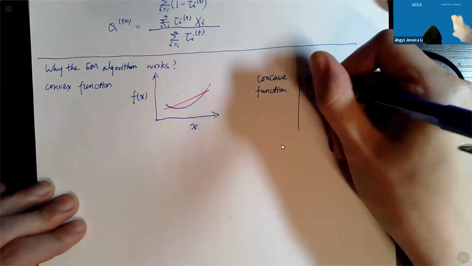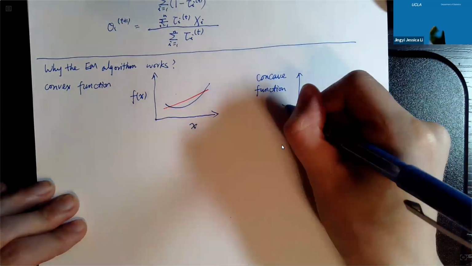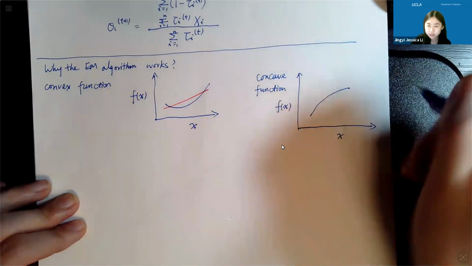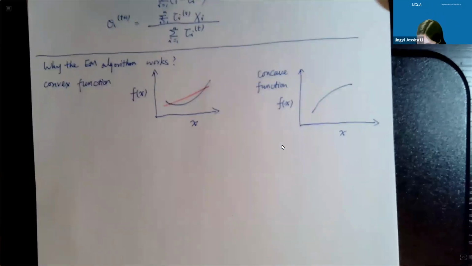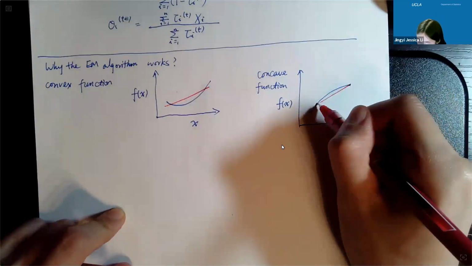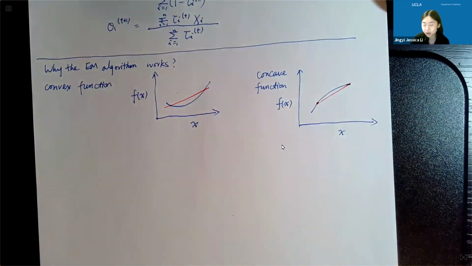The concave function is just defined as the negative convex function. So if a function is convex, then negative f(x) is concave. When we have a function that looks like this, if you have a linear line that goes through it, you look at the two intersection points, and within the segment, the function always lies above the line. We call that a concave function.